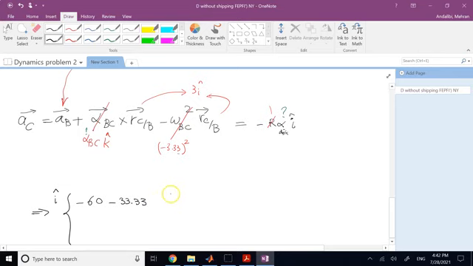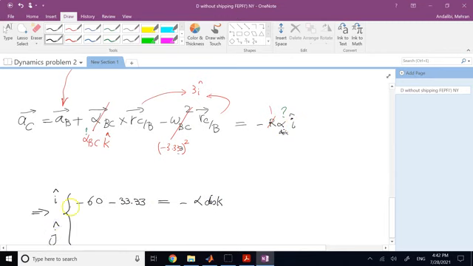Although this number has infinite number of decimals, so if I use 2 decimals to be more accurate, that's what I have. So here I need to add one more extra 3, and that's the I on the left side. The I on the right side, it's negative alpha of the disk, or 1 times alpha of the disk.